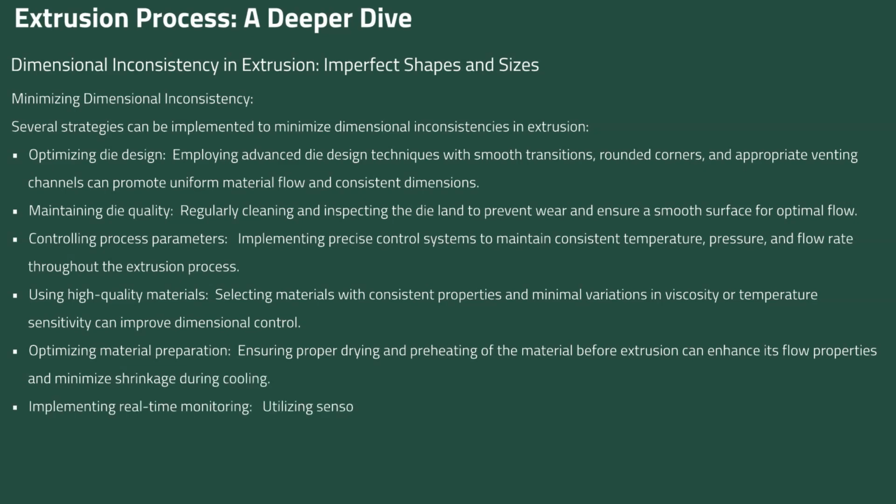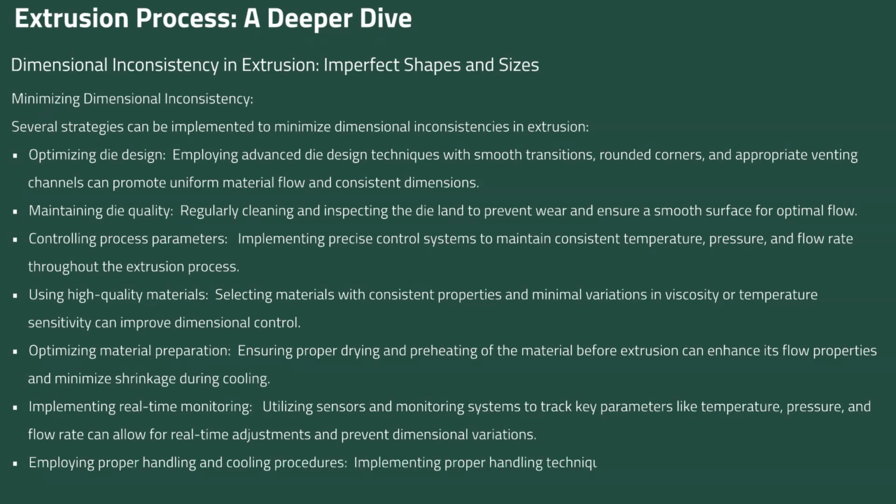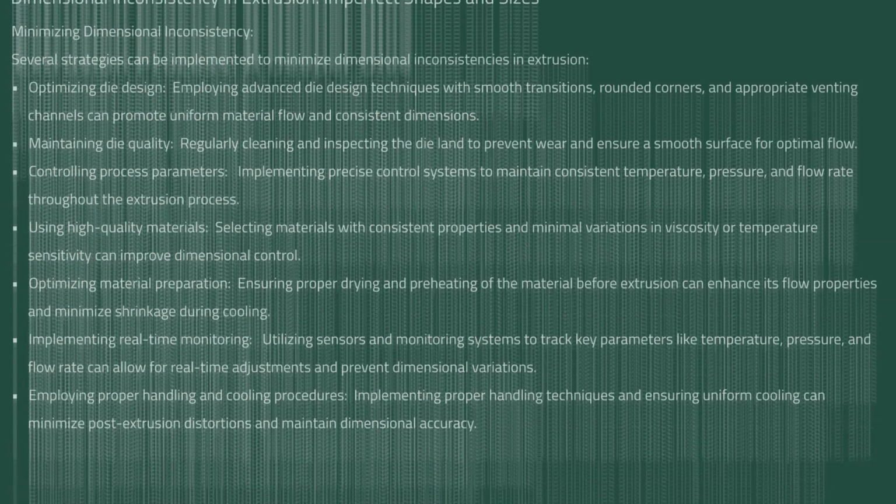Implementing real-time monitoring: utilizing sensors and monitoring systems to track key parameters like temperature, pressure, and flow rate can allow for real-time adjustments and prevent dimensional variations. Employing proper handling and cooling procedures: implementing proper handling techniques and ensuring uniform cooling can minimize post-extrusion distortions and maintain dimensional accuracy.